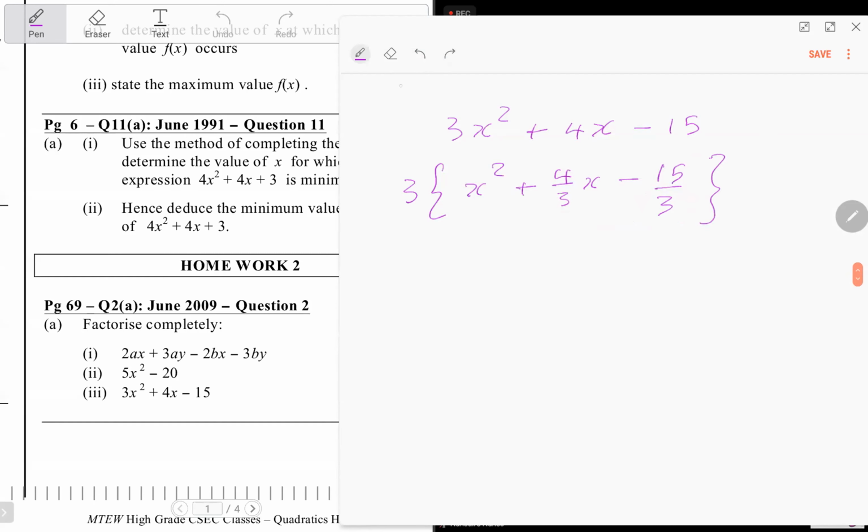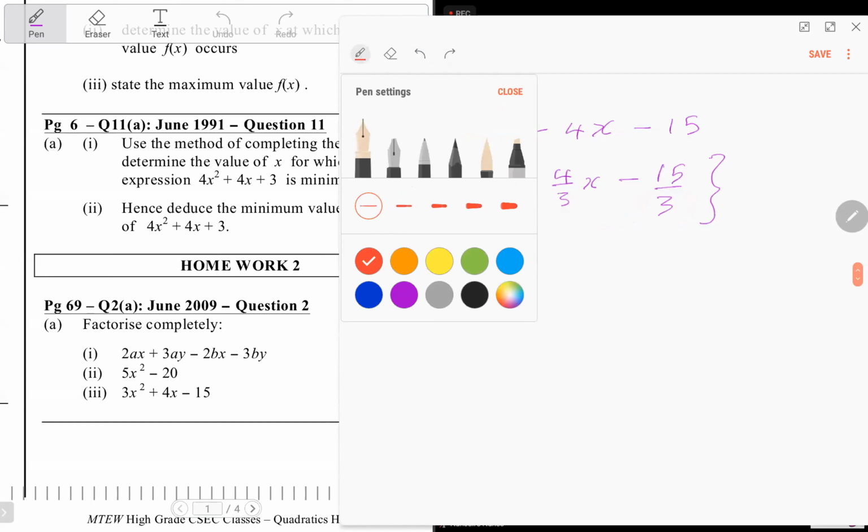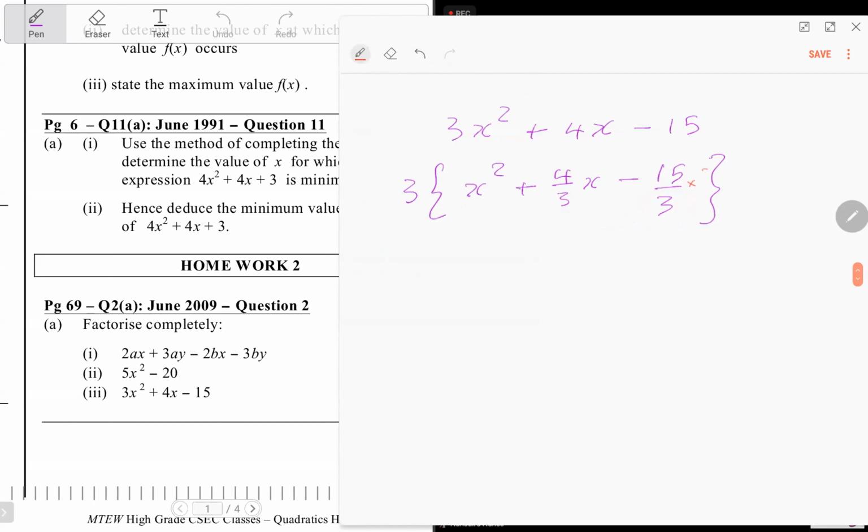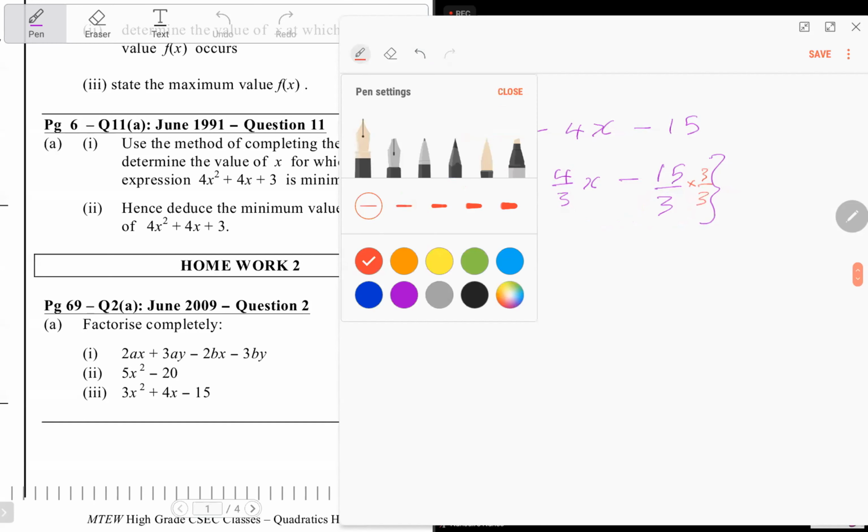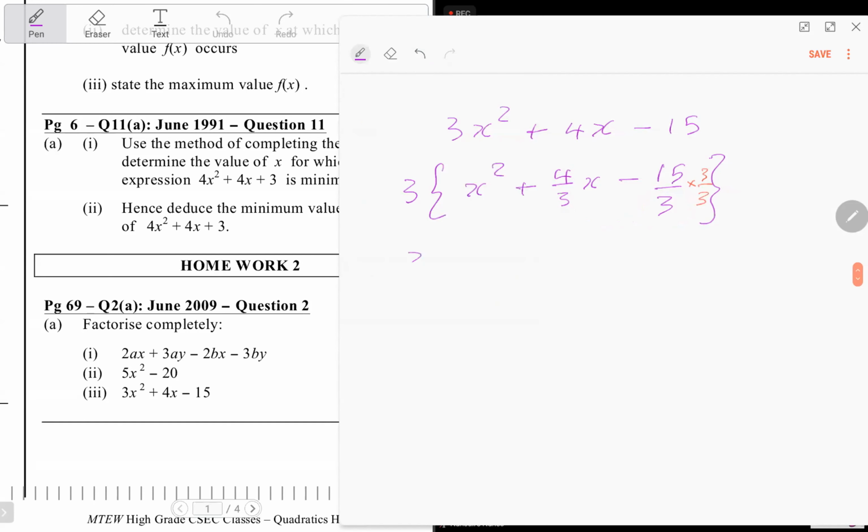So I'm going to multiply this by 3 over 3, so it becomes the square. So it becomes 3 bracket x squared plus 4 over 3x minus 45 over 9.